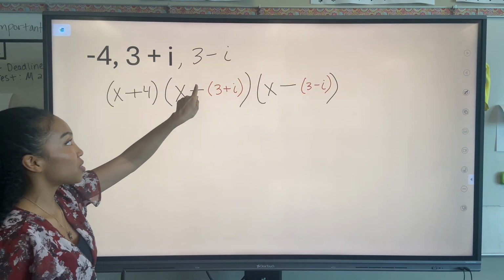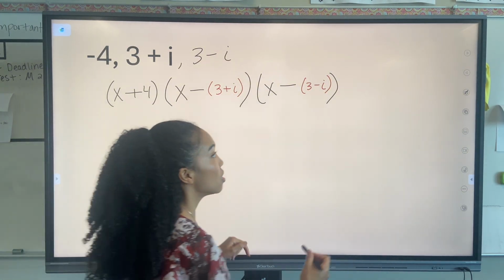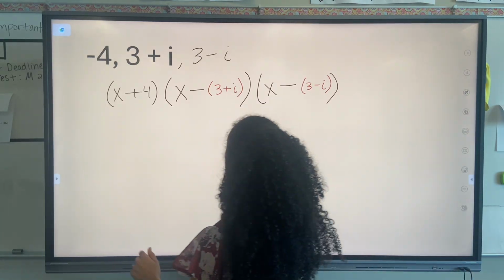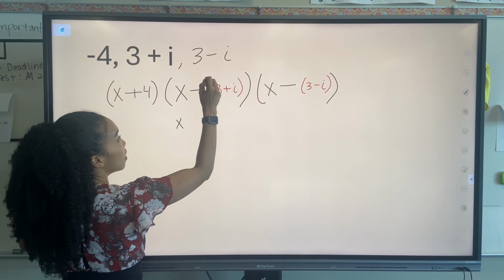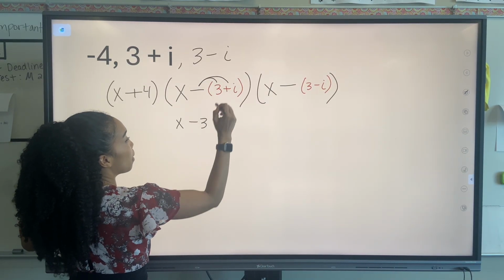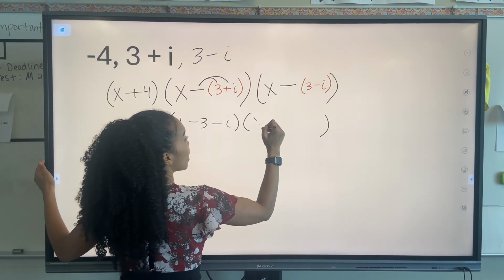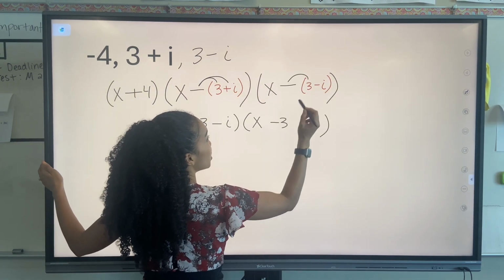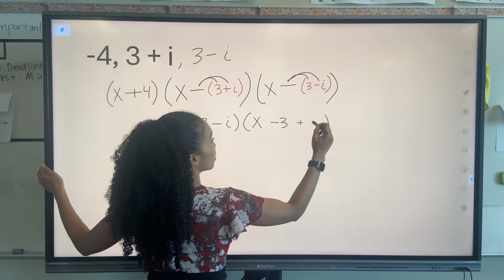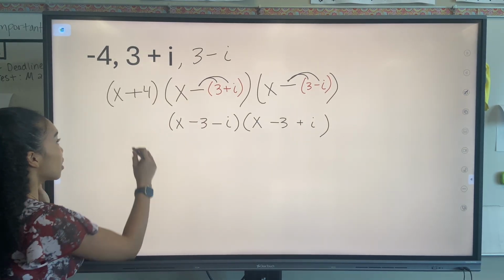We're going to distribute this minus sign. So you will have x minus 3 minus i times x minus 3 what? Plus i. There we go. And I'll bring this down.